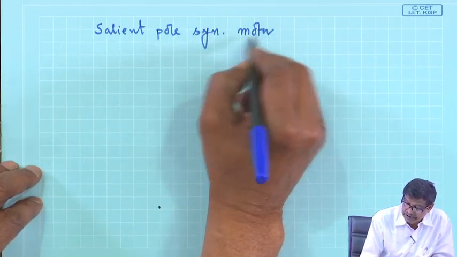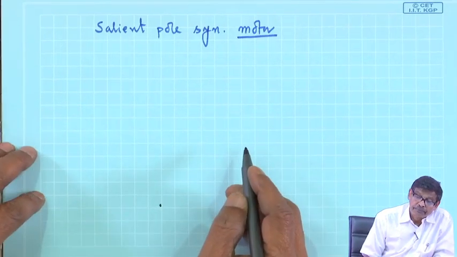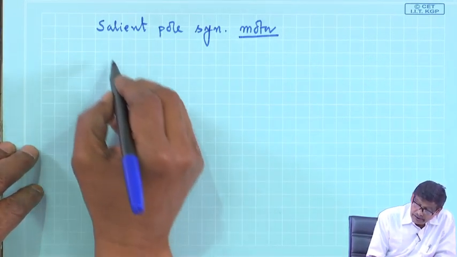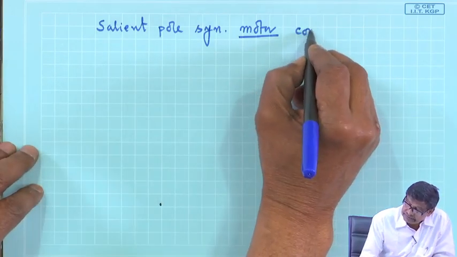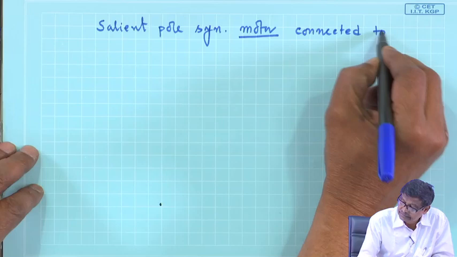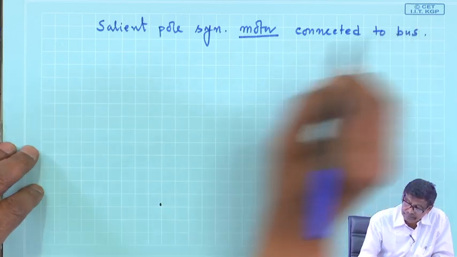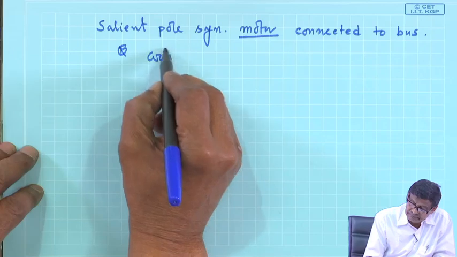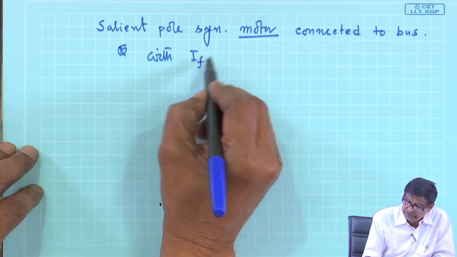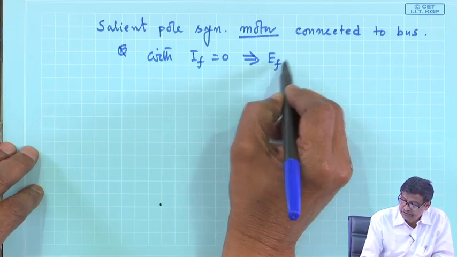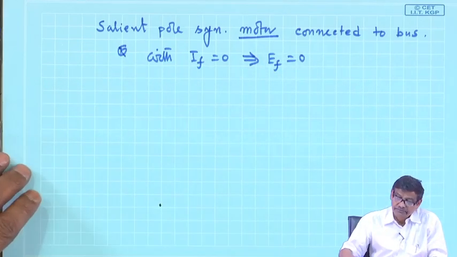Now, it is operating in motor mode, connected to bus, and with IF equal to 0, which implies that EF is equal to 0, is it not.